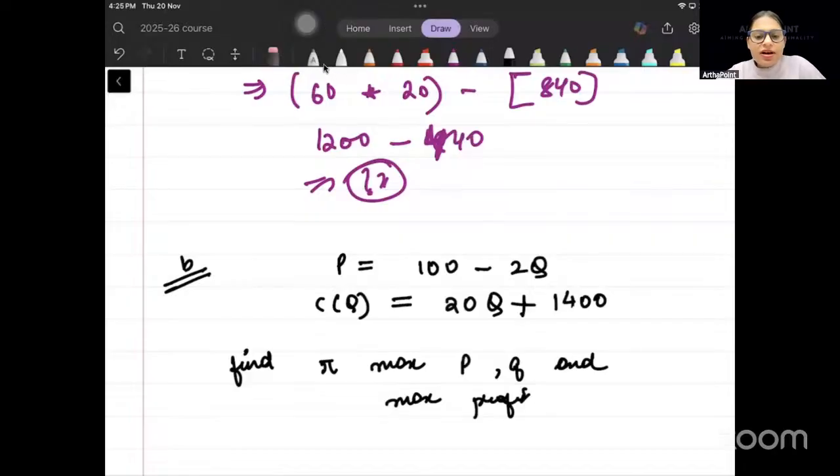Everything is same. So what will be the answer? But what will be quantity? Leave everything. What will be profit maximizing quantity?